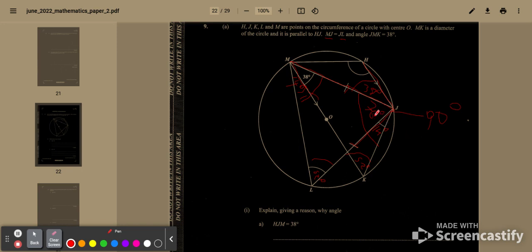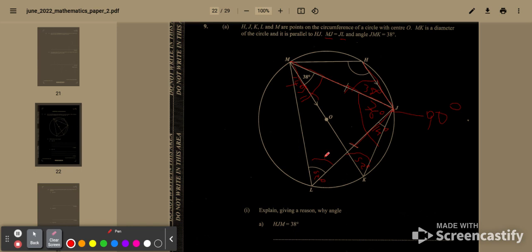All right. And also, we can find another angle because there's this theorem. Opposite angles in a cyclic quadrilateral are supplementary, or let me rephrase it: opposite angles in a cyclic quadrilateral add up to 180 degrees. So we know that angle MLJ is 52 degrees.